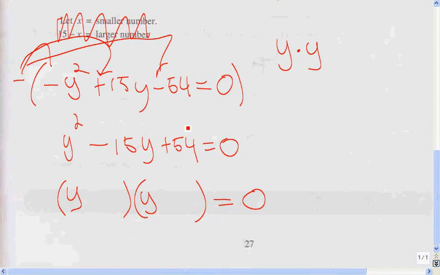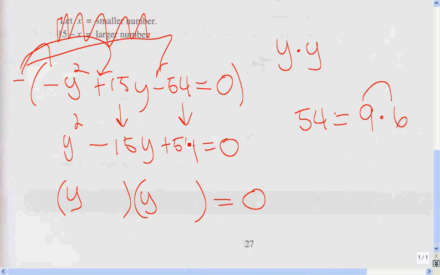Now look at the third term and figure out all the factors of 54. Well, the first factor I could think of is 54 equals 9 times 6. Now, how do I figure out if that's my right factor? I know that 9 times 6 will give me 54, so it'll give me my third term, but will it give me my middle term when I add it?